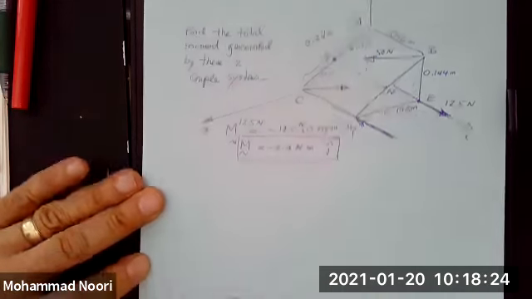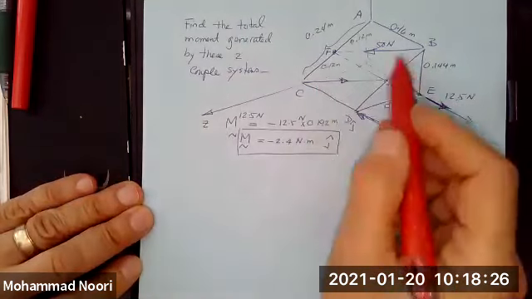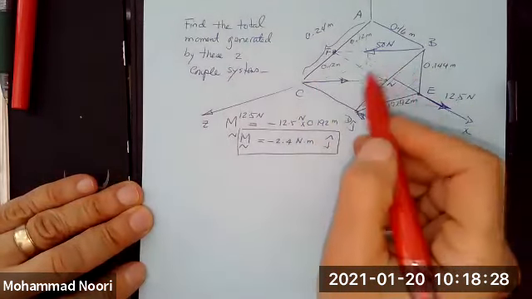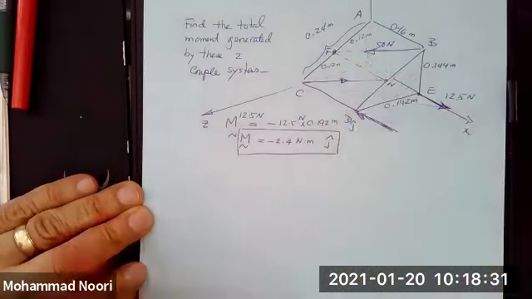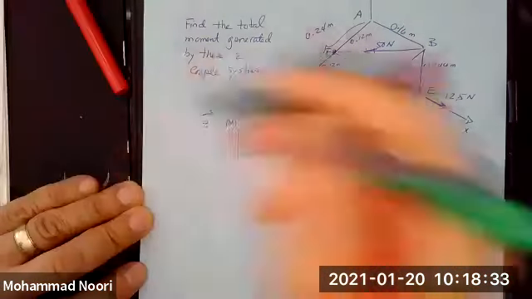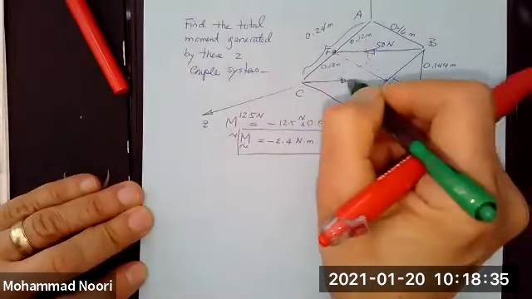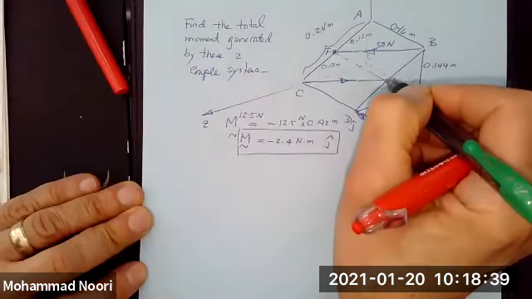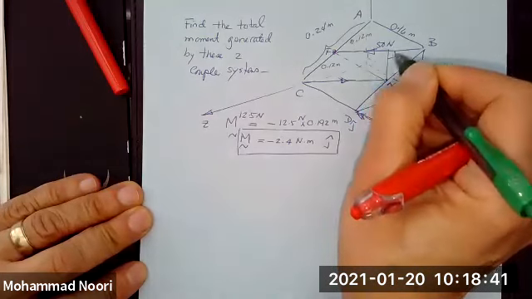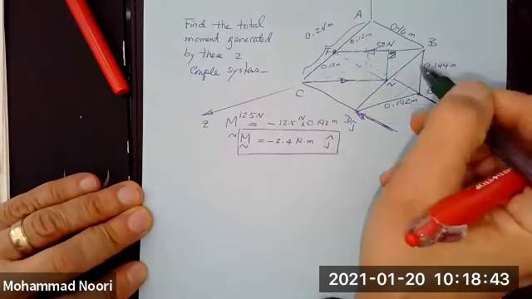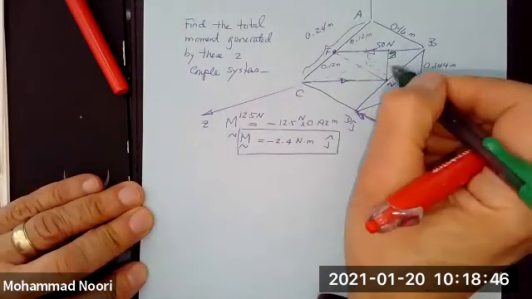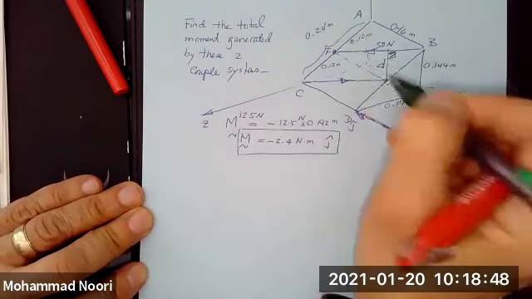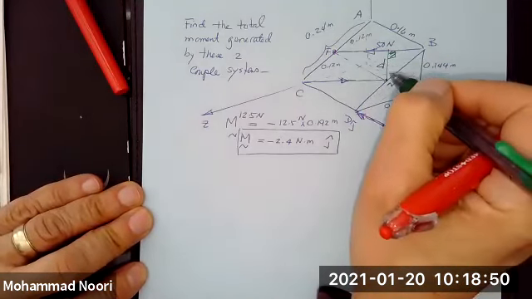All right. How about these two? If you look at these two, all I need to do to find the magnitude of the moment that these generate, I need this vertical distance between them, right? So in other words, I need to know what is this D, okay?